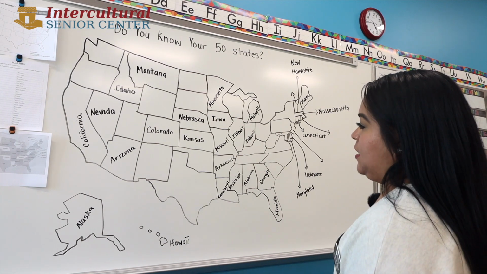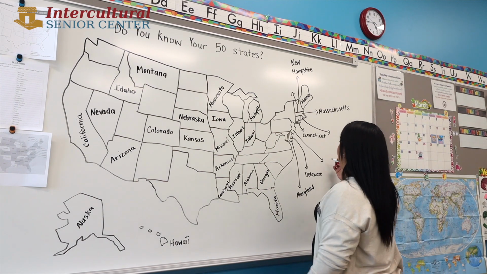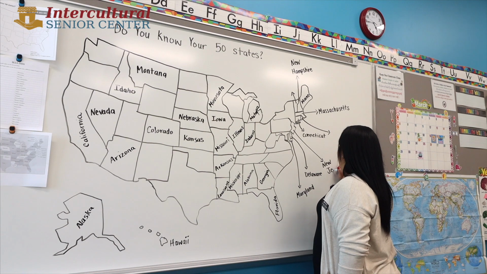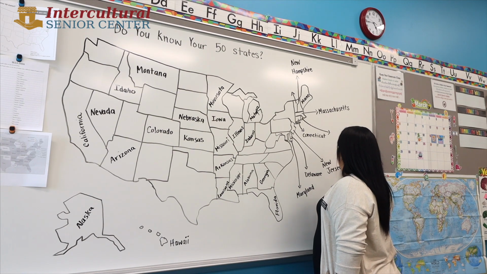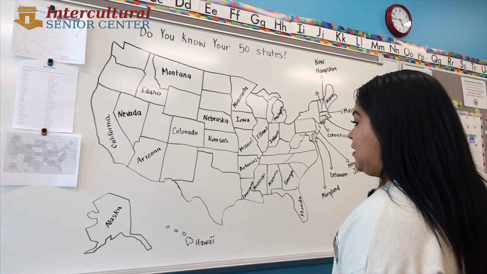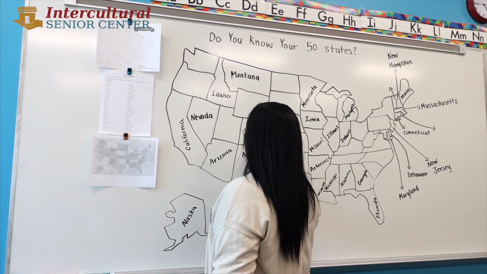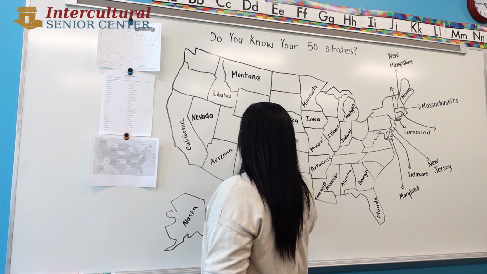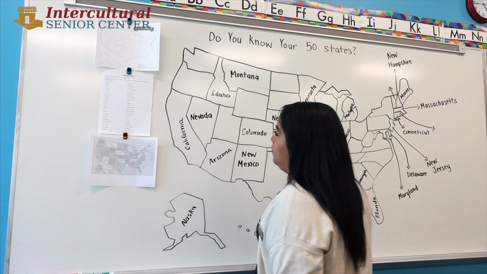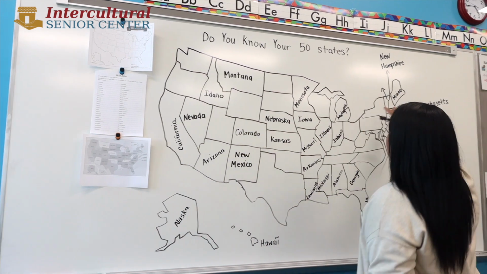And New Jersey, still staying over in the East Coast. We are now doing New Jersey. New Mexico is down here by Arizona. New York is going back up to the East Coast.